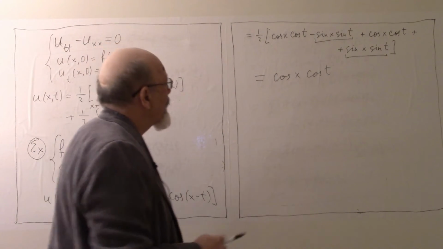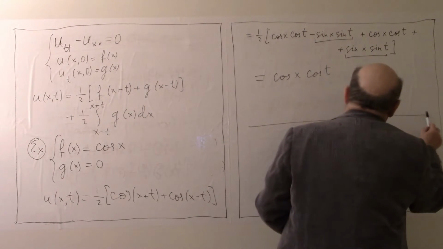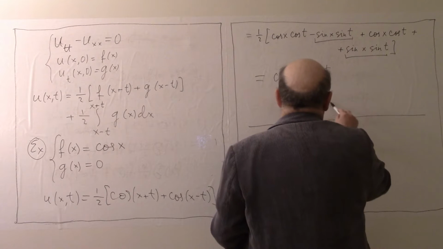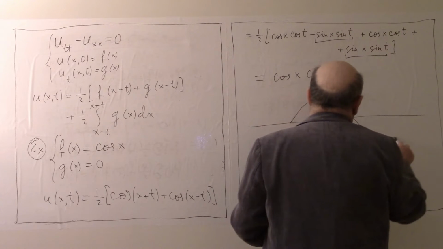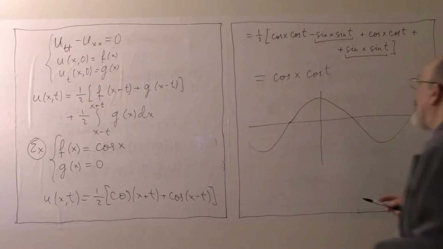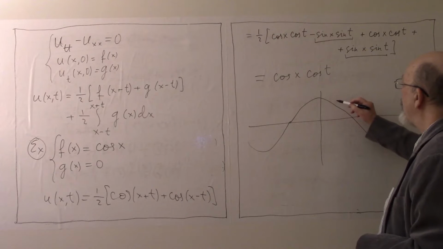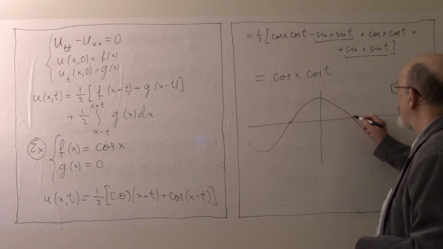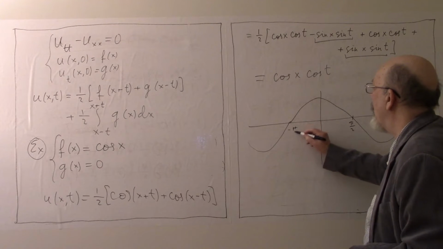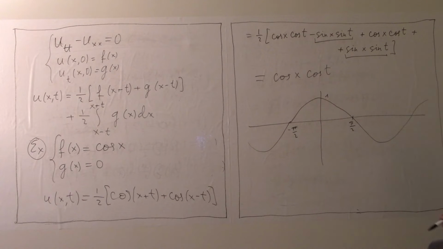So how does it look? This is the initial configuration of our string, from minus pi over 2 to pi over 2, with maximum 1.